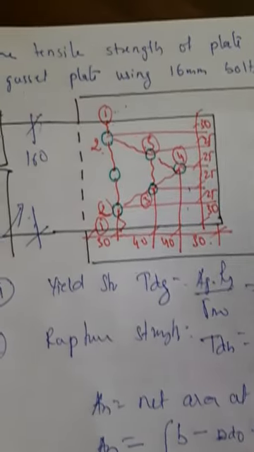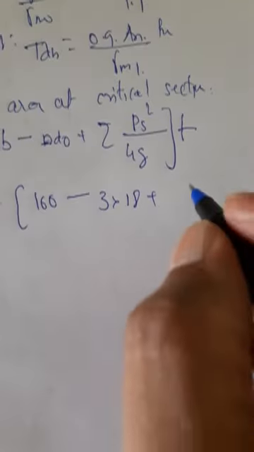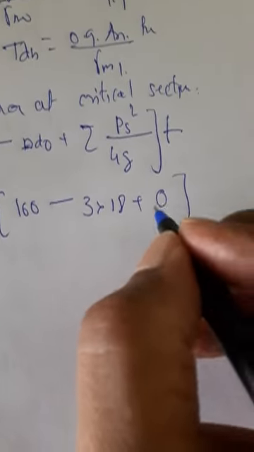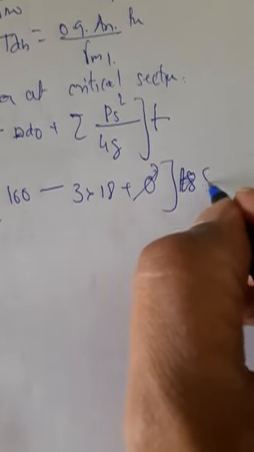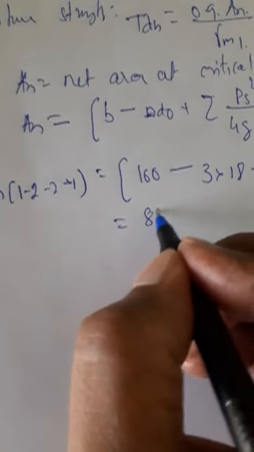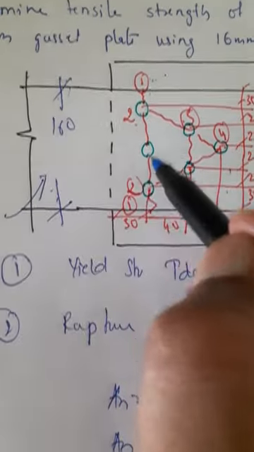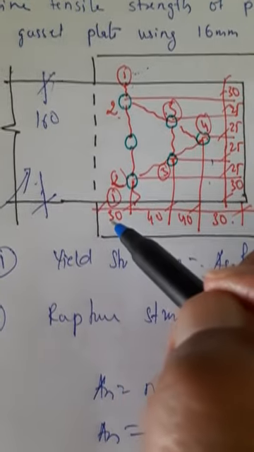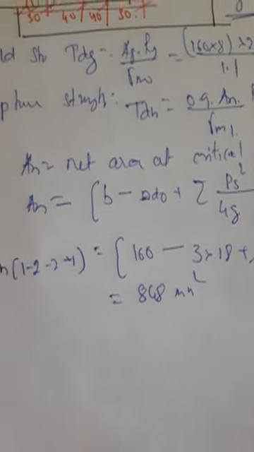If I consider this, the number of slant lines is 0, so this becomes 0, into T. T is 8. Solving this I have the answer 848 mm square. Section 1, 2, 1 is a straight line, not zigzag, and this equation is for zigzag lines only.